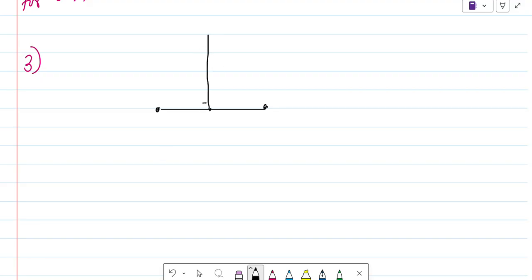This is your equatorial line, this is your axis, plus q charge, minus q charge. So the dipole moment vector is from negative to positive. This is your dipole moment vector. So let the point be somewhere here.